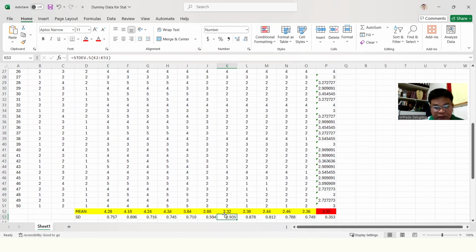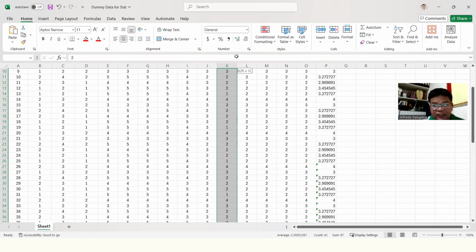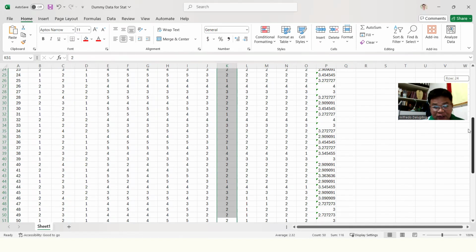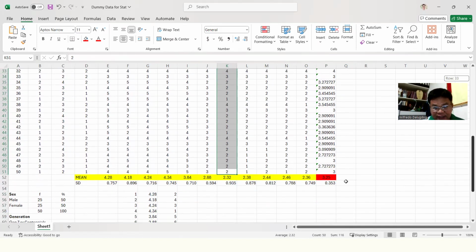So you can observe that yung pinakang may lowest mean score, siya yung may pinakamataas na standard deviation. Hindi naman always, but may mga instances talaga na gano'n. Meaning, mas spread out yung responses ng respondents based on this indicator.